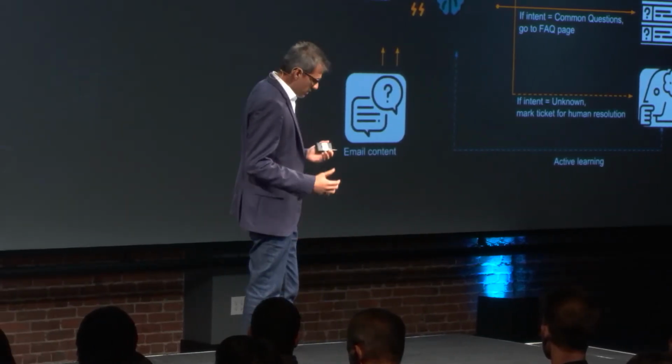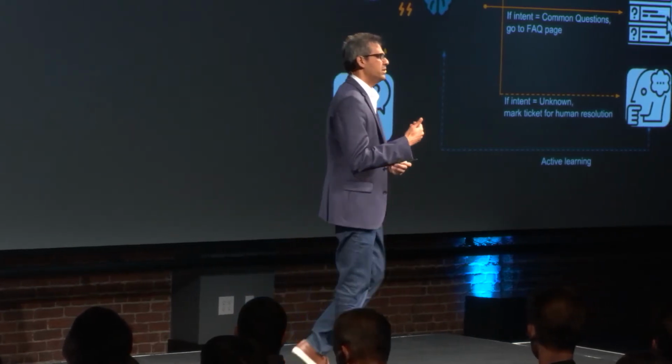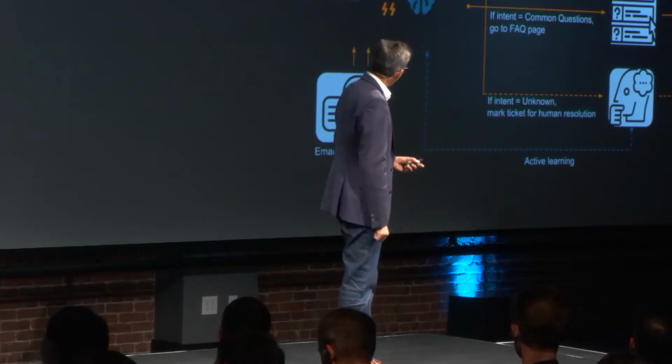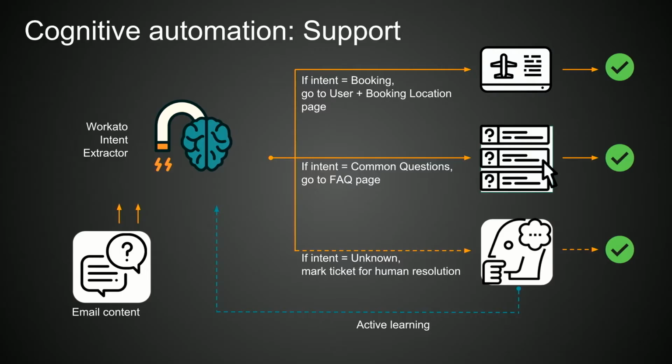So we are now seeing a lot of AI being applied to customers' use cases. This is a very common example that we see, where you have a customer support function that gets a lot of emails, essentially unstructured emails coming in, and then people have to look at these emails and create the right ticket, basically figuring out what the intent is.